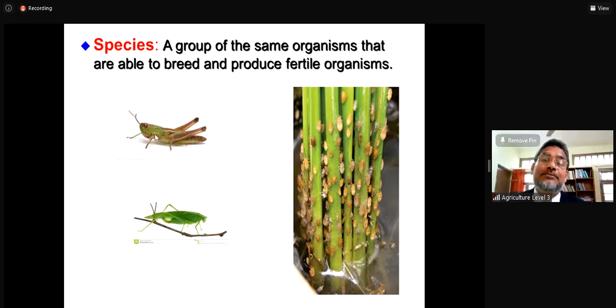So that is called a species. This is a different species because there will be no breeding between these two. So we say a group of the same organisms that are able to breed and produce fertile organisms is the species.